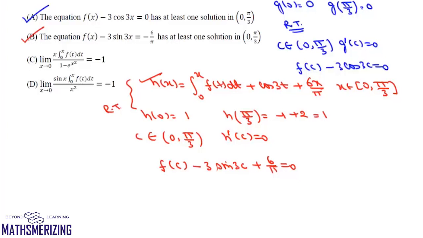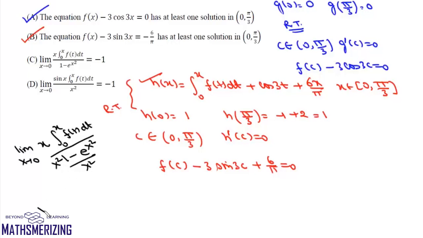Now if we look at this option C, which is this limit, x tends to 0, x into the integral from 0 to x of f(t) dt upon 1 minus e to the power x square. Now we'll multiply and divide it by x square.